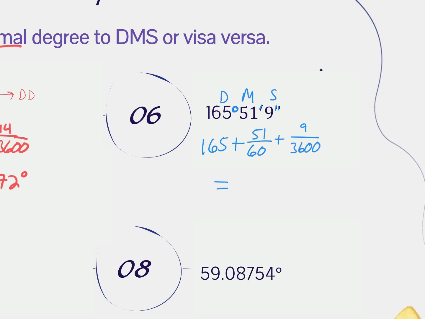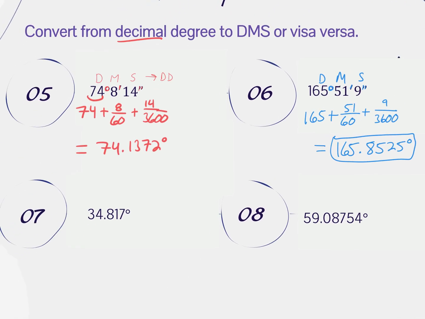And then again, punch this in a calculator, see what you get. This should get you 165.8525 degrees. And then that's your answer as a decimal degree. All right. So it shouldn't be too bad.